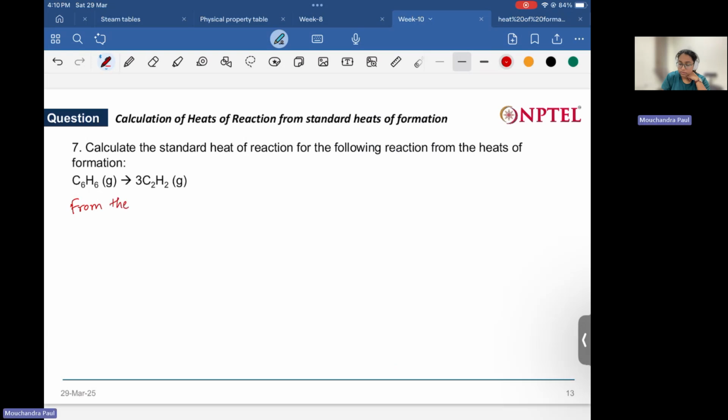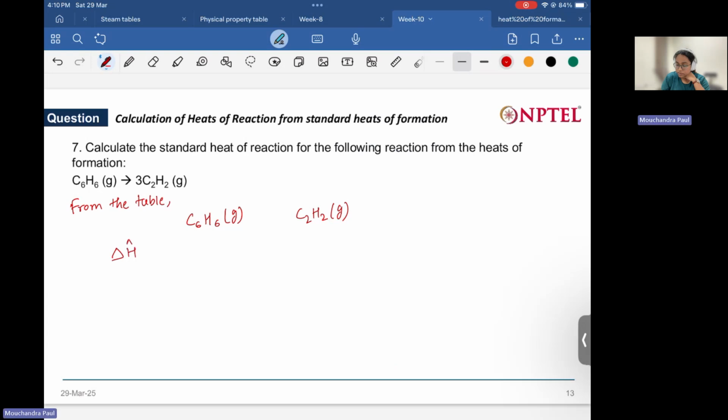From the table, we need C6H6, benzene in gaseous state, and C2H2 in gaseous state.